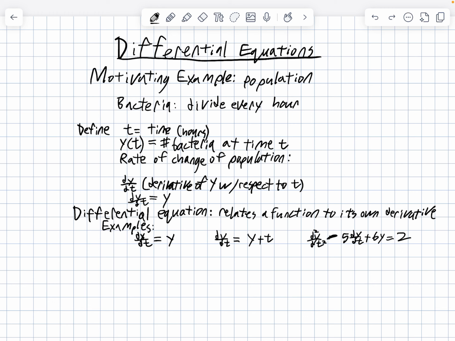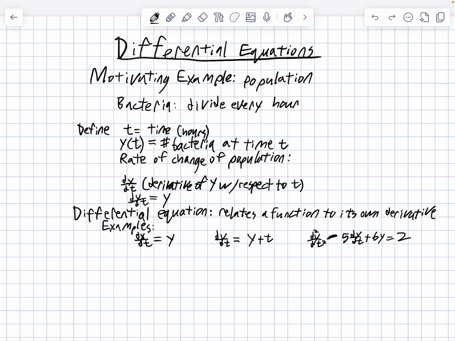Or we might even have second derivatives. So we'd have, second derivative of y with respect to t minus 5 times derivative of y with respect to t plus 6y equals 2. We could have that. Although a lot of these you might not encounter quite yet.